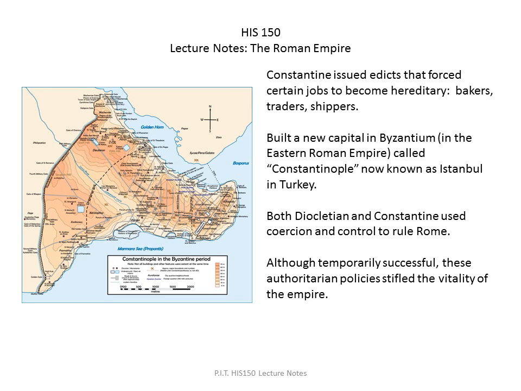Both Diocletian and Constantine used coercion and control to rule Rome, which is not unusual. Most of the Roman emperors did. And this was temporarily successful, but ultimately, authoritarian policies rarely can last for a long time.